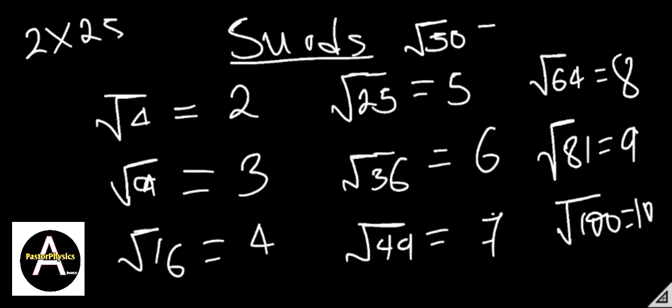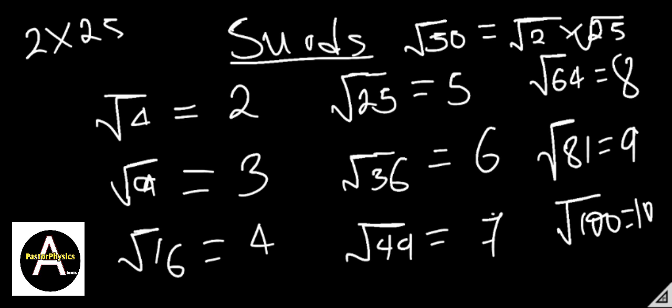So we break this down into root 2 times root 25. Don't worry, I will explain the basic operations of SURD next. Because we now know that 2 is not a perfect square.